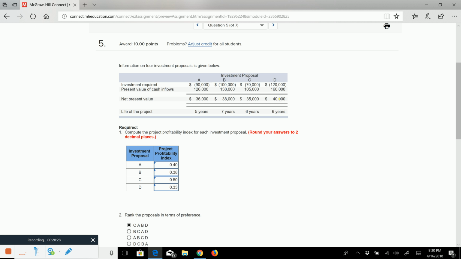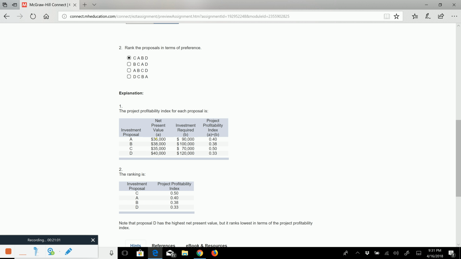Now, the one that has the highest net present value, this is pretty interesting, of $40,000, using project profitability, D is actually the worst out of the 4 proposals to take. So my suggestion is, not only calculate the net present value, and once you have a positive net present value, if you still are trying to choose between alternatives, you should take it one step further and figure out the project profitability by simply taking the net present value divided by the investment required.